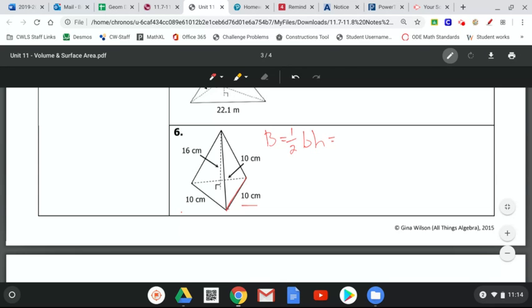So this is where we're going to have to use Pythagorean theorem again, all right? Or special right triangles if you want to. But we got to find that red line right there, okay? And it is going to form a right angle because, again, it's an equilateral triangle.